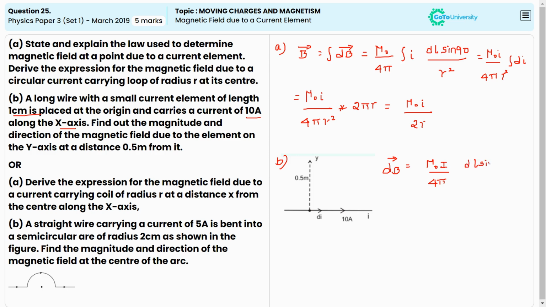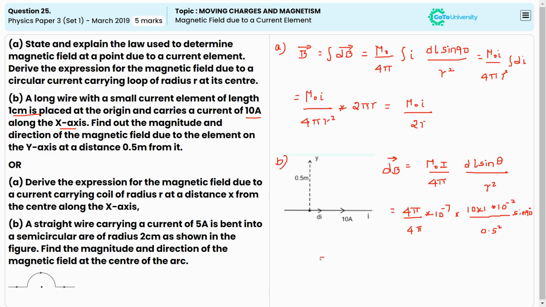dl sin theta divided by r square, which is equal to 4 pi divided by 4 pi, times 10 to the power of minus 7 into 10 into 1 into 10 to the power of minus 2 divided by 0.5 square, sin 90 degree.